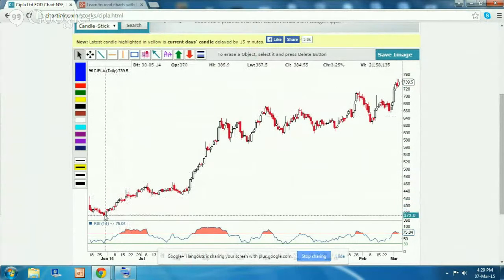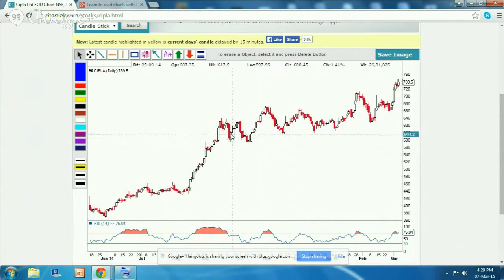What it means is all these candles are that of a single day. Now you can see red candles and white candles. The white candles are bullish candles, in that on that particular day the close was higher than the open. So that's why it is a bullish candle.